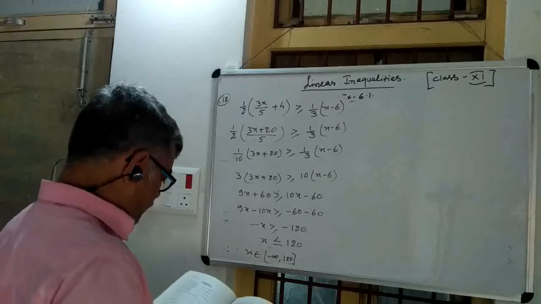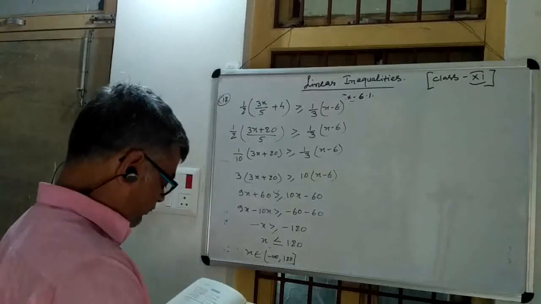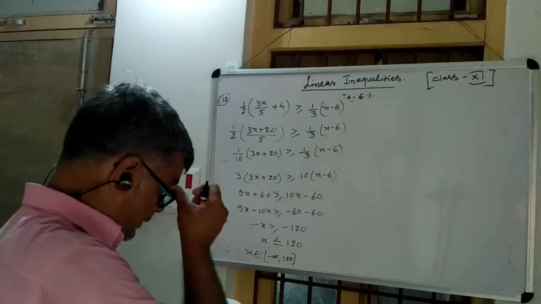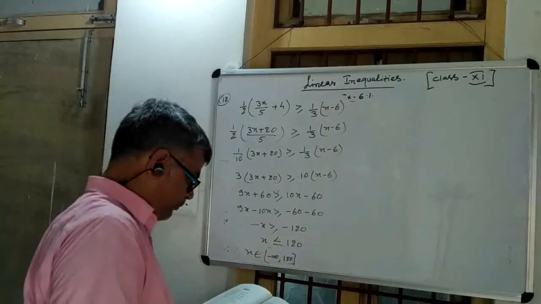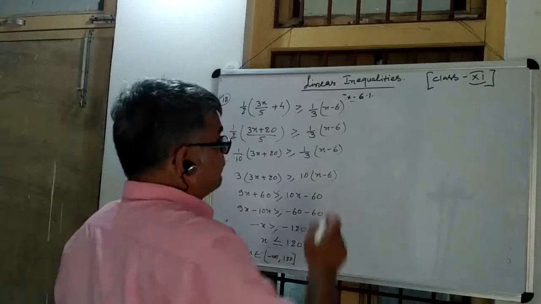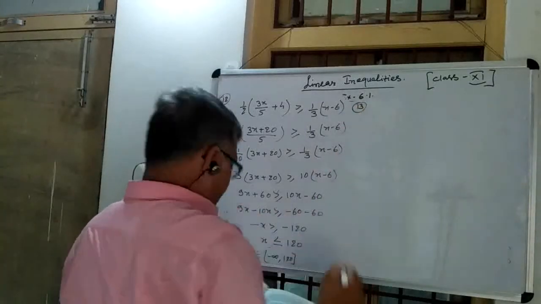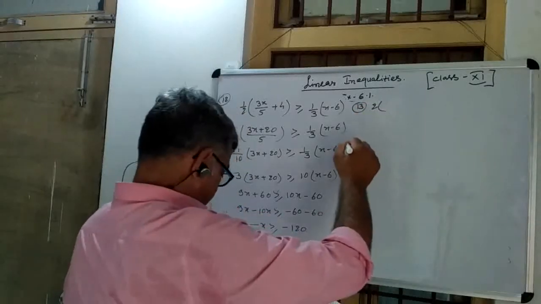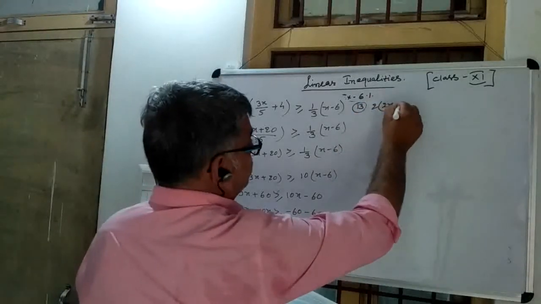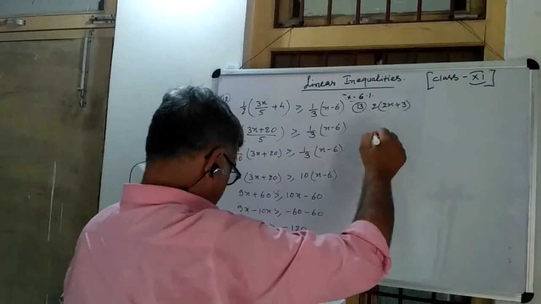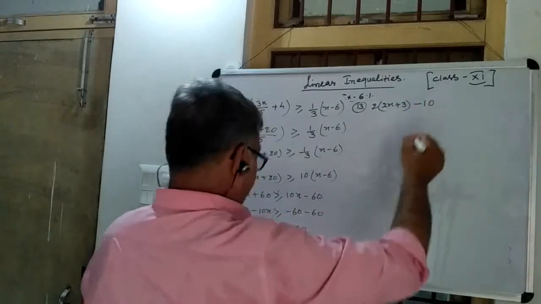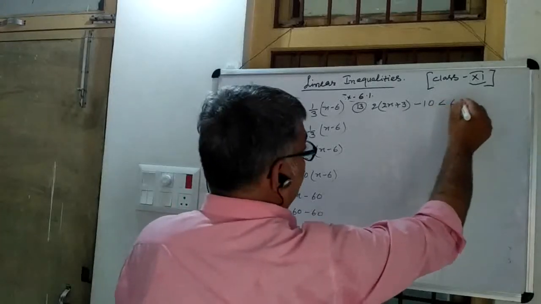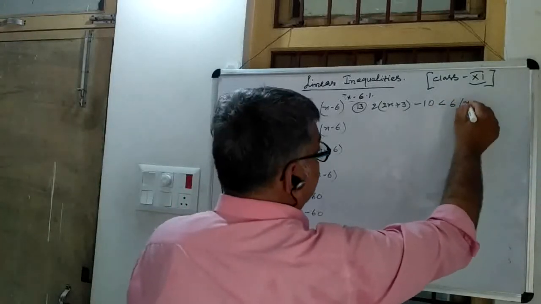Now let's see the next question. Question number 13 is: 2 into 2x plus 3 minus 10 is less than 6 into x minus 2.